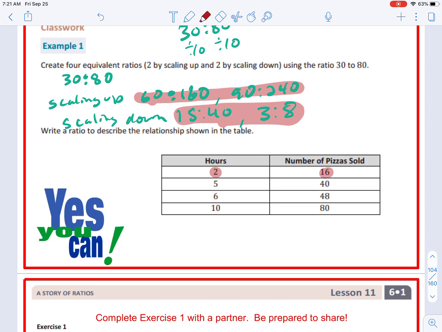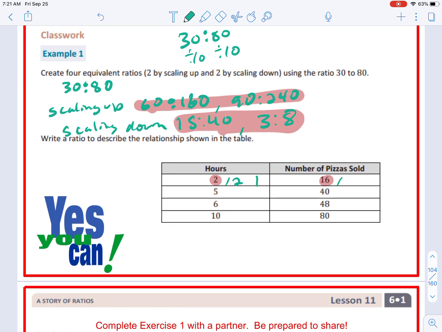I need to figure out how many pizzas they sell in 1 hour, and that'll give me my simplest ratio. So in 1 hour, I'd have to divide this by 2 to get 1, and I'd have to do the same thing to this. That would give me 8. So now in 1 hour, they make 8 pizzas, and that is the ratio that describes this table.